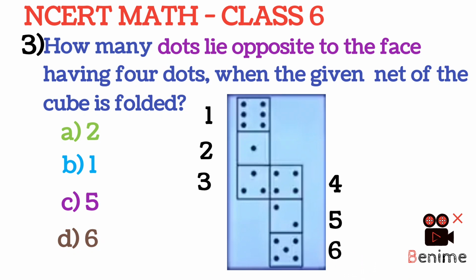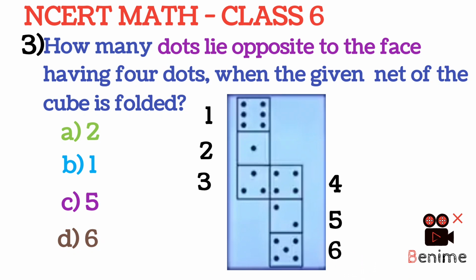Likewise, when he lifts his hand in the left hand direction, there is a side of the die showing 3. So let us consider the person is standing on the 4-sided position of the die. Okay, so on the left hand side there will be a 3, and if he folds inwards, then there comes the 1 dotted side of the dice backward of the person, and similarly the 6 dotted side of the dice will come at the right side of the person standing on the 4 dotted side of the dice.